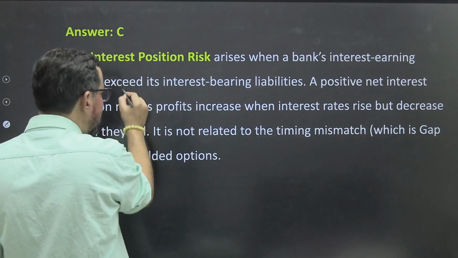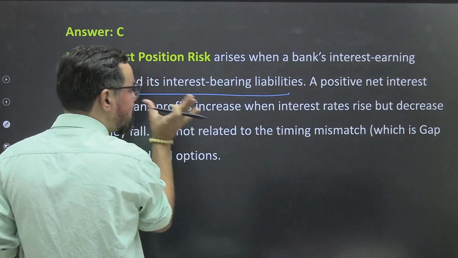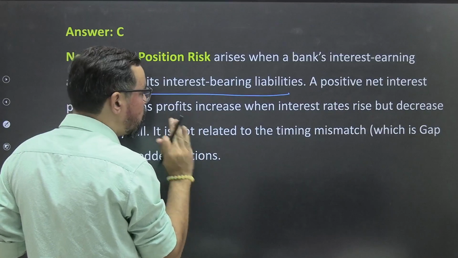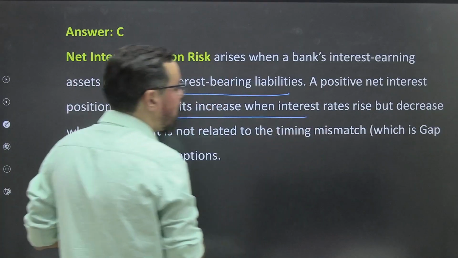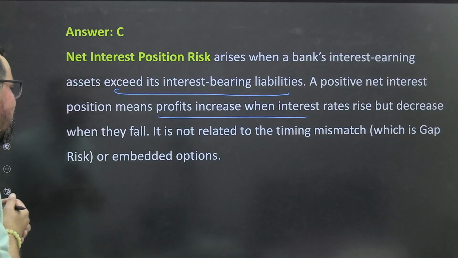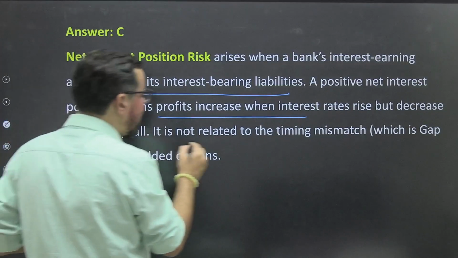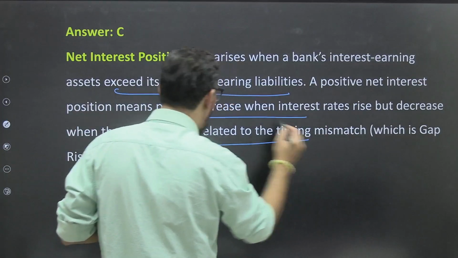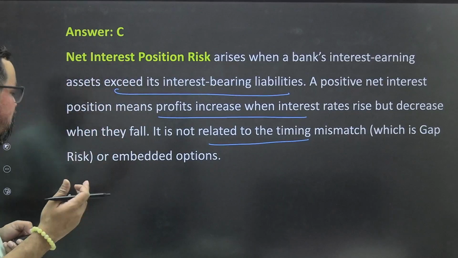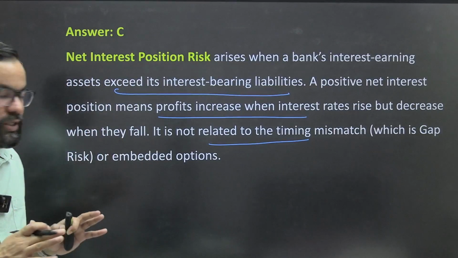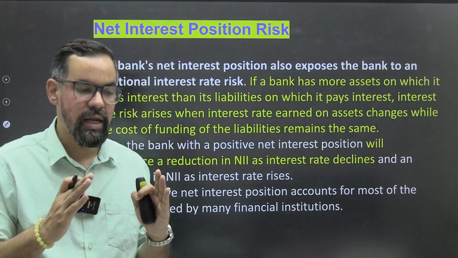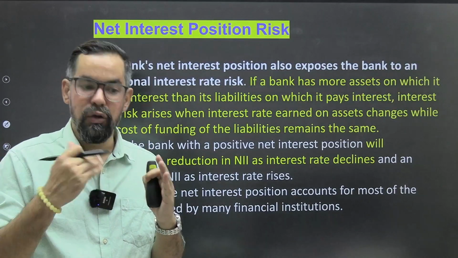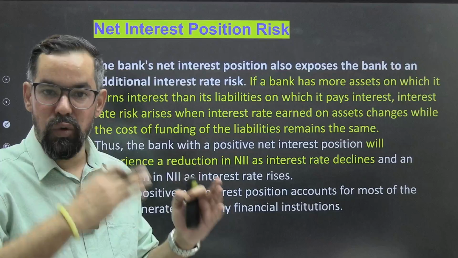A positive net interest position means profit increases when interest rates rise, but decreases when they fall. It is not related to timing mismatch or gap or embedded options. So this is the one. It is as simple as that: when your payables are more than your receivables.